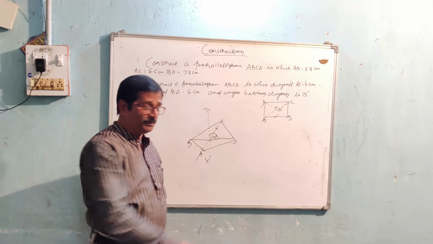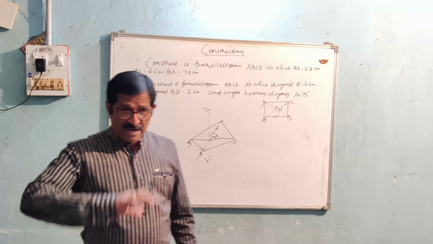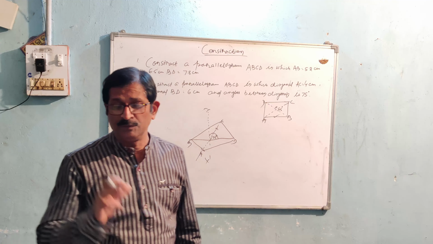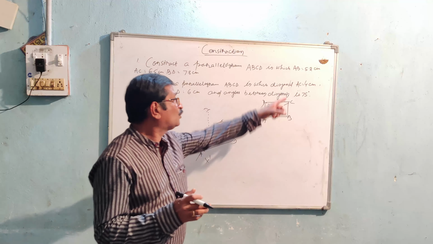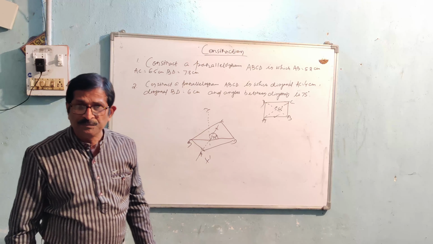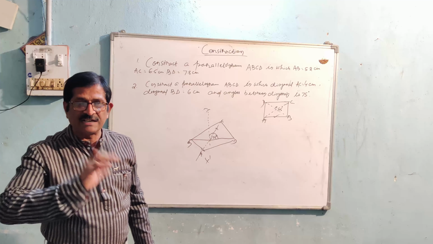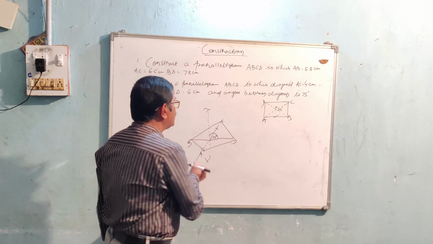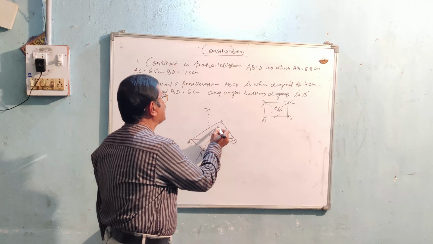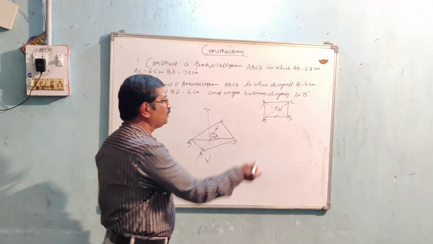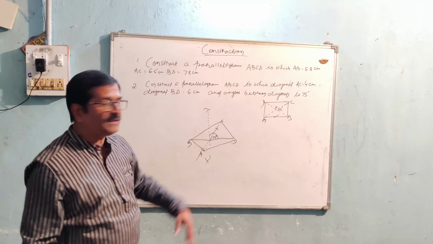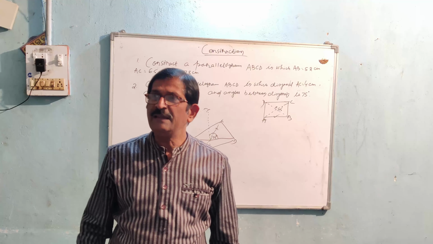Then you have to produce it in both directions. As you know, at that bisecting point the diagonals bisect each other. So for the other diagonal AC, on each side it would be 2. So here is 2, here is 2. Then you join it, and this is your AC. Then you join, and in this process you can get that ABCD parallelogram.